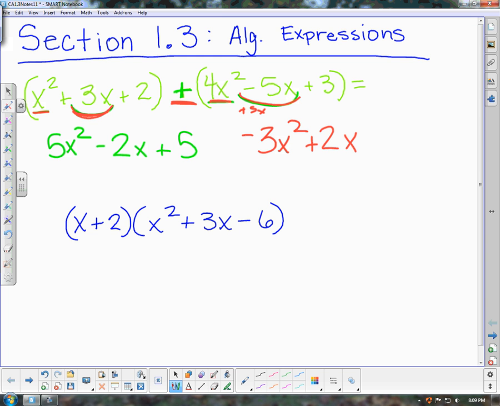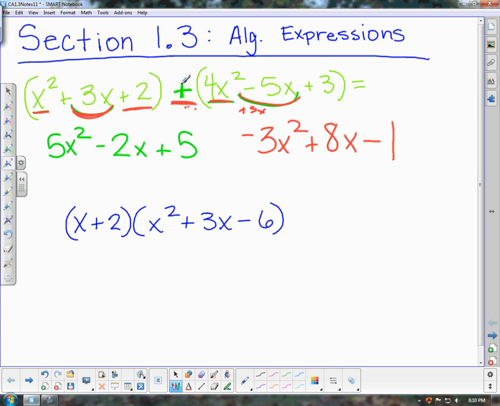No, that doesn't work, because it was a positive 3 first, so therefore that is going to be 3x plus 5x, which makes 8x. And then we have 2 minus 3, which becomes a negative 1. And that would be subtracting those two algebraic expressions.